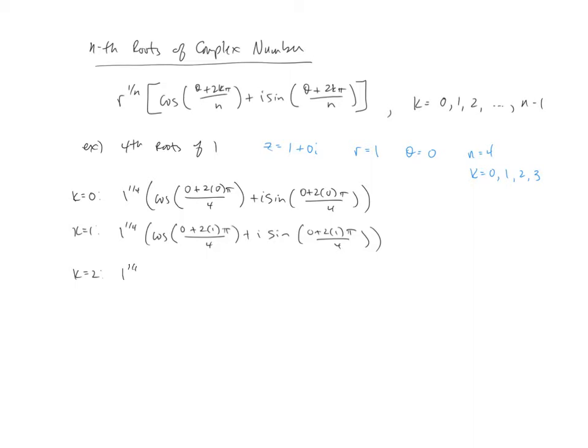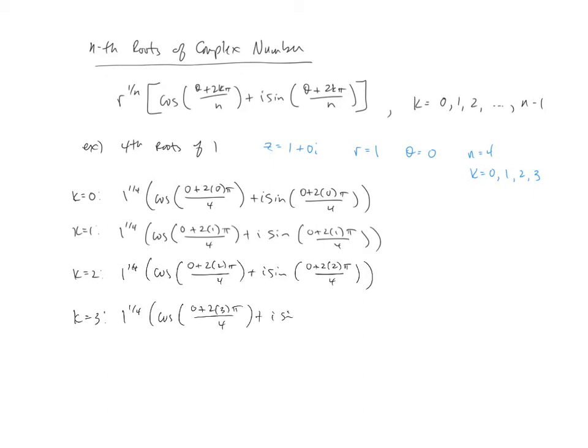So we'll have a 1 to the 1/4 times cosine of 0 plus 2 times 2 pi over 4 plus i sine of the same thing. And then k equals 3 would be our last one that we needed to do. 0 plus 2 times 3 times pi over 4 plus i sine of 0 plus 2 times 3 times pi over 4. So that's actually the hard part, is getting it set up.